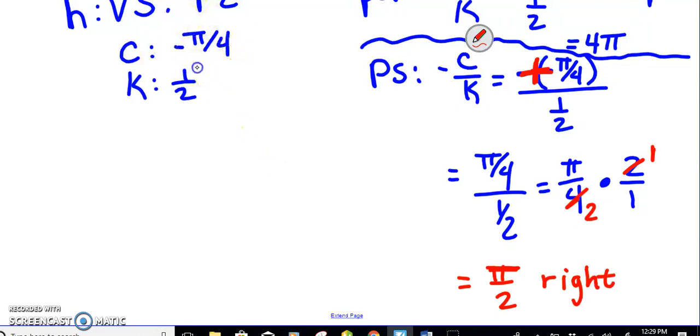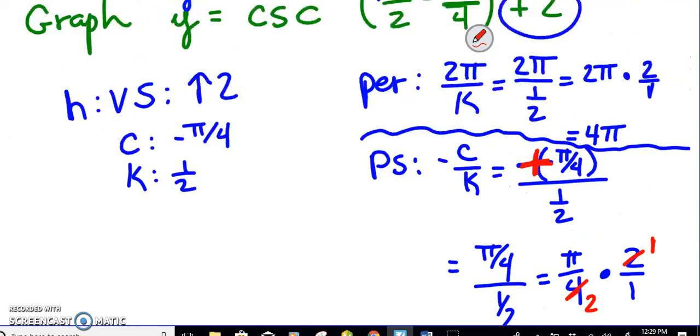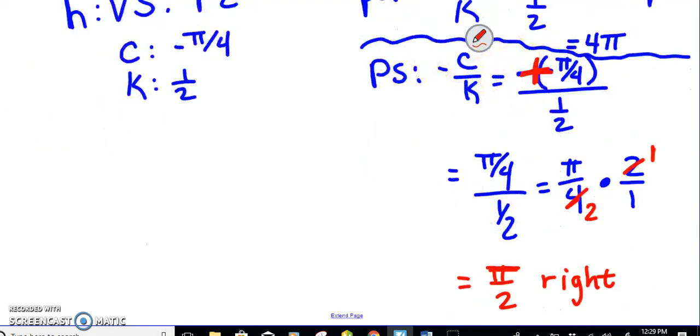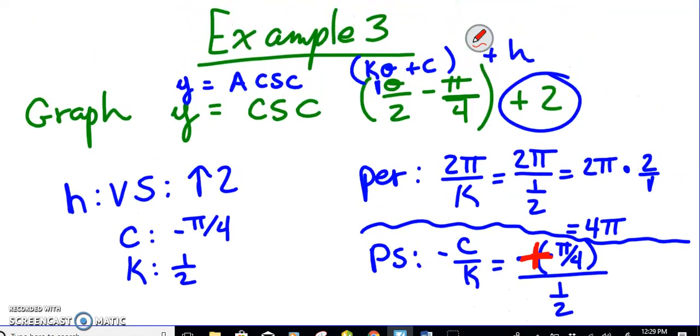Now, remember, if you're looking at the C and trying to tell what direction it's going in, it's opposite of what's going on here, just like our regular transformations for all the other functions we had. It was opposite of whatever was inside the parentheses.